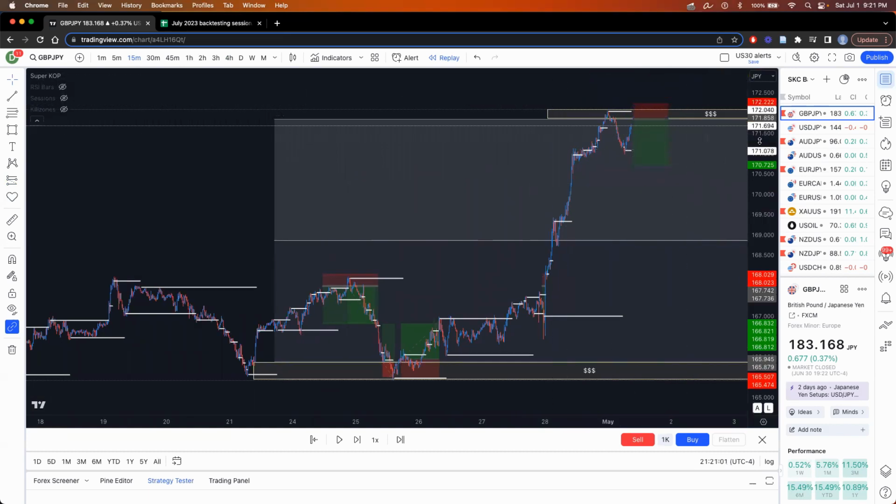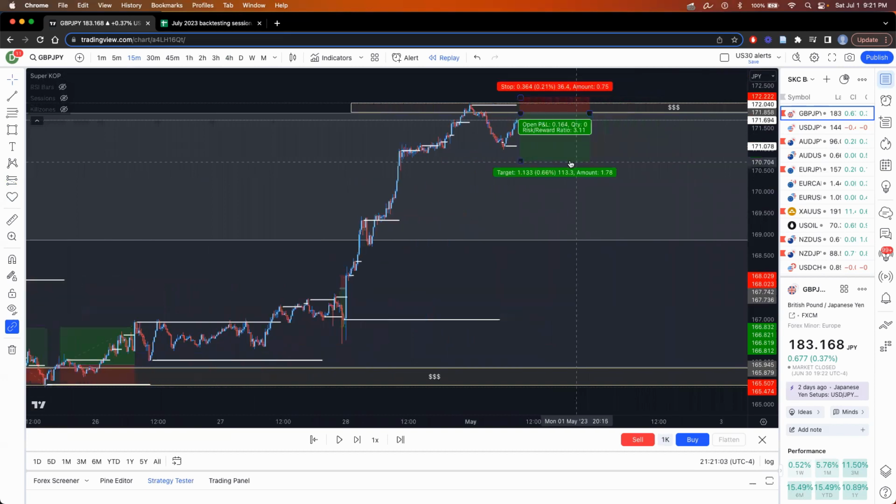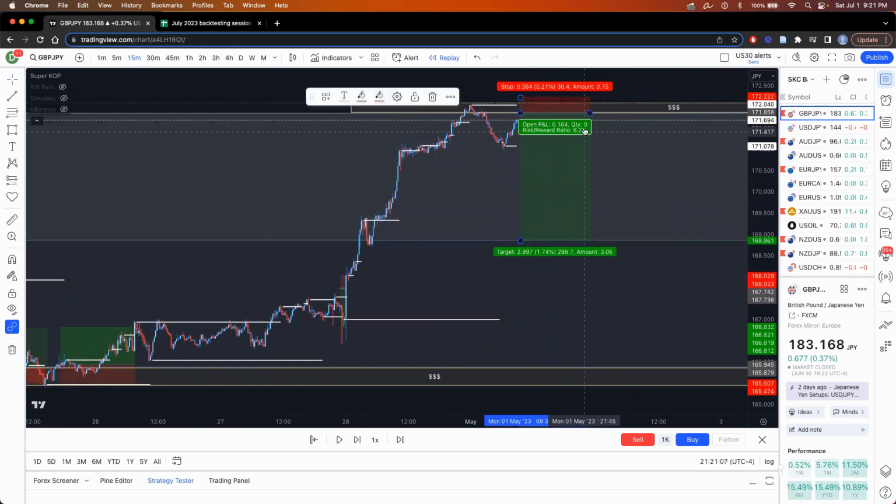Boom. We're going to try to ride this all the way down to filling that liquidity void. Probably get the stops down a little bit tighter. That's a 1 to 10.